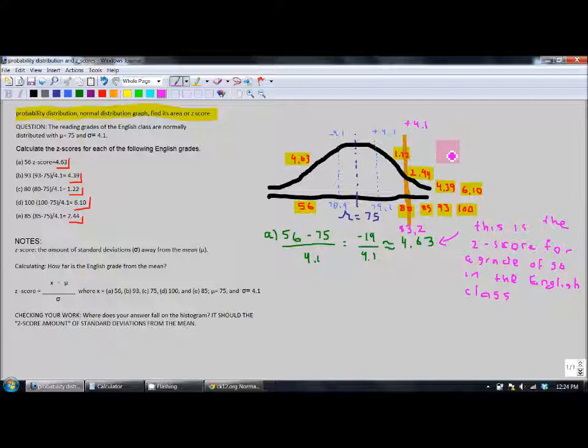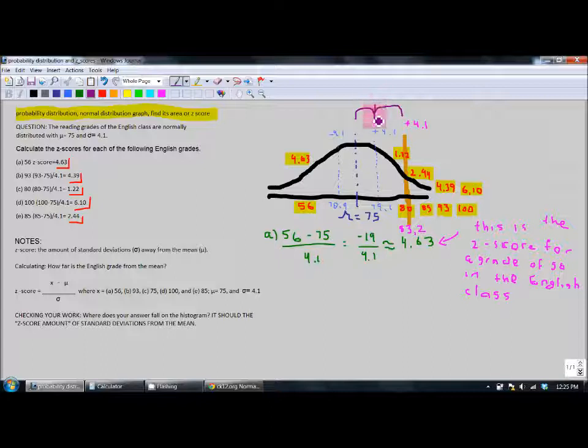It's saying that, you know, if this is one standard deviation, right? This is one standard deviation here. And then this is the second standard deviation here, right? You can pretty much see that your score above this mean of 75, it's saying that you're not quite 2 standard deviations above the mean, right?